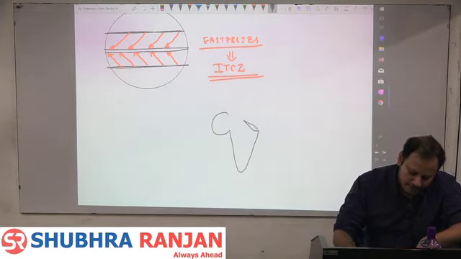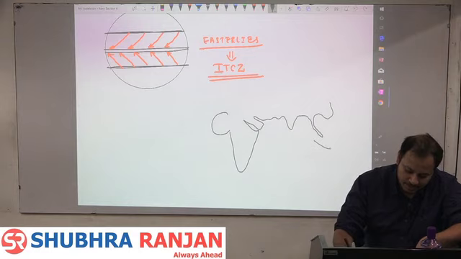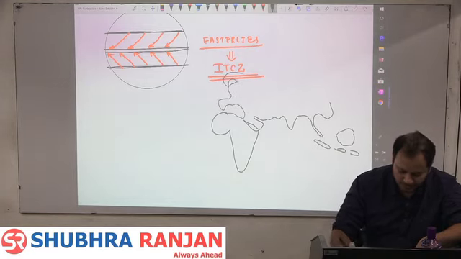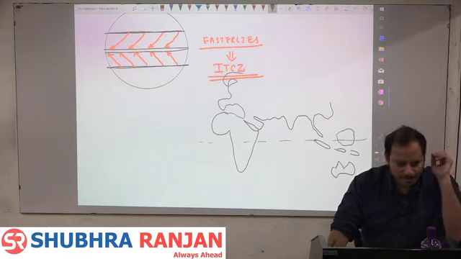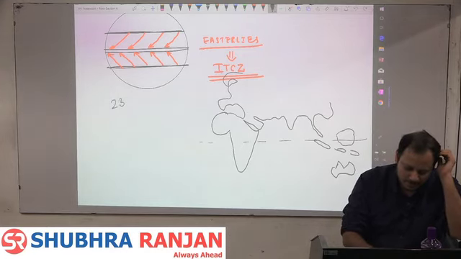ITCZ shifts with the position of the sun. ITCZ is over the Tropic of Cancer during the summer solstice, date 21st of June. It is over the equator during the equinoxes, date 23rd of September.